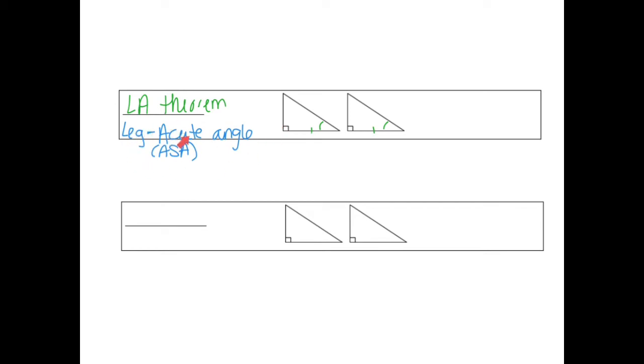So a leg-angle congruency relationship is the LA theorem. And as long as the angles are in the corresponding location that they're matching, so right angle, one tick mark, and then there's the angle that is marked, you can use the leg-angle theorem.